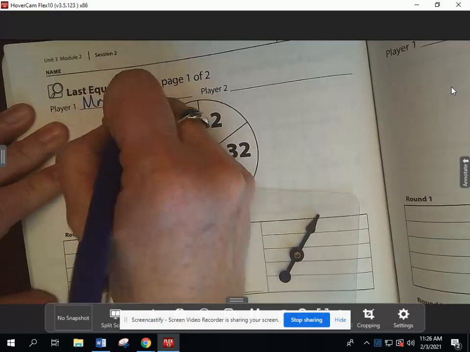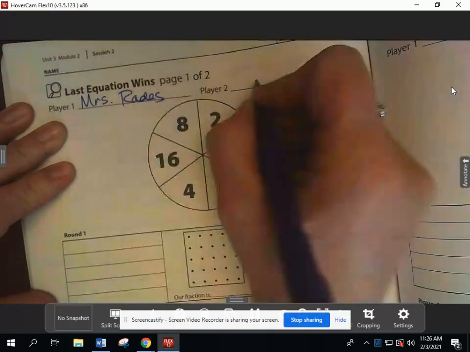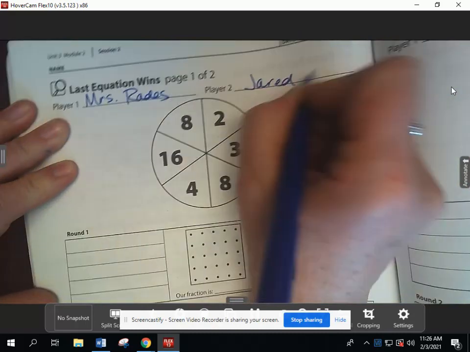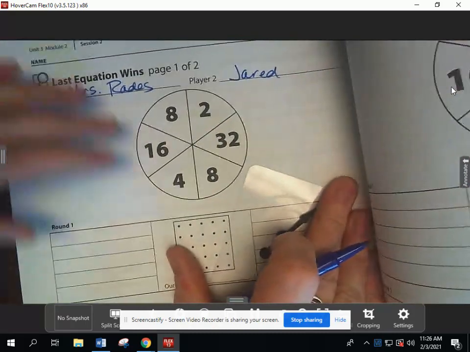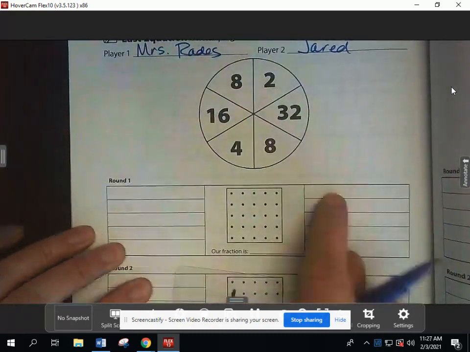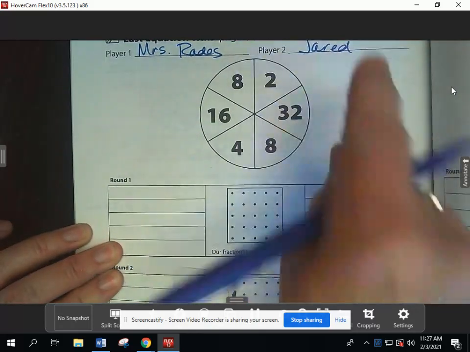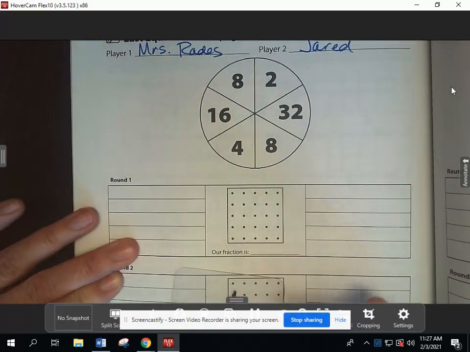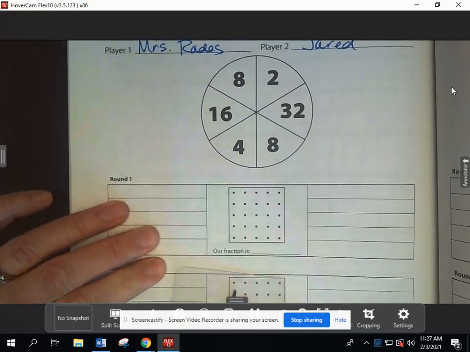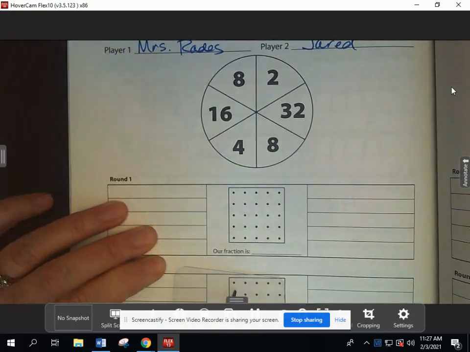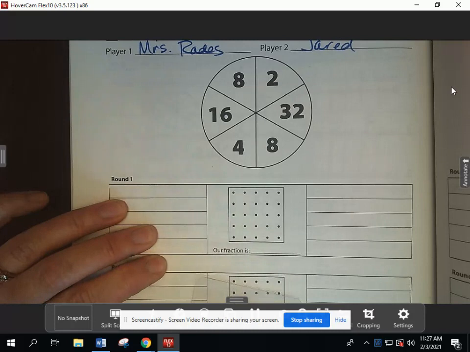I can't play. I know. Okay. And when Jared and I play this game, Jared's going to be this side. I'm going to be this side because you can see his name's over here. Now, Jared, I am going to make some of the decisions for you, okay? Because you don't know how to play the game yet, correct? Okay, so Jared's okay with that.